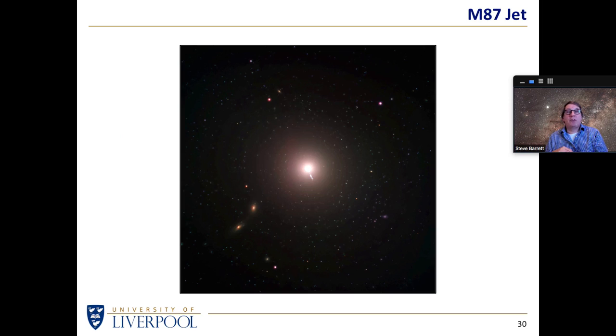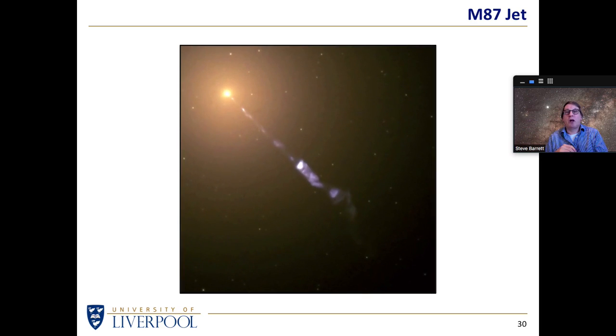Here's one galaxy with a jet. It's called M87 in the constellation of Virgo. Perhaps that's a little too small, so let's blow it up with a Hubble Space Telescope picture. We can see the centre of the galaxy in the top left and a very large jet which is coming out of the galaxy, and we think that jet is coming out of the supermassive black hole at the centre of the galaxy. Why does it appear to be just one jet?